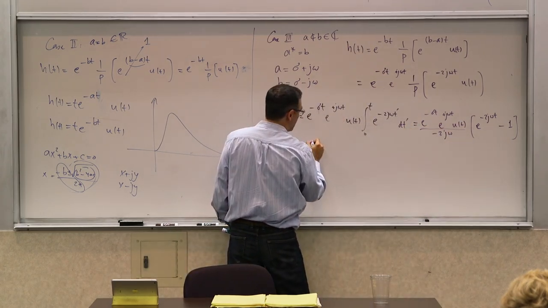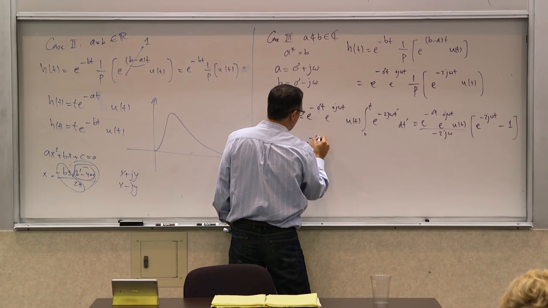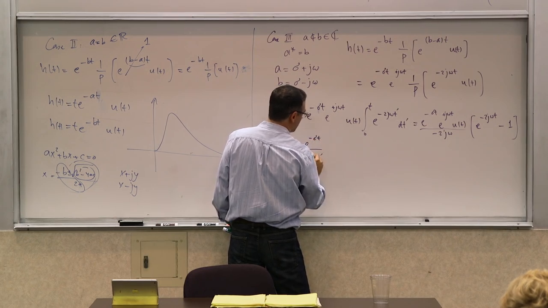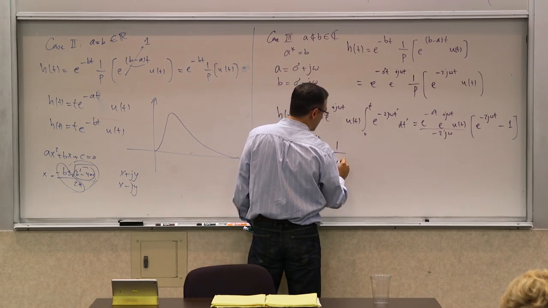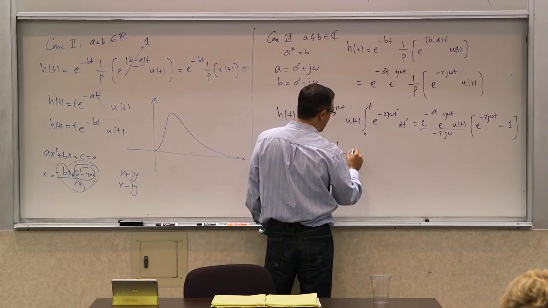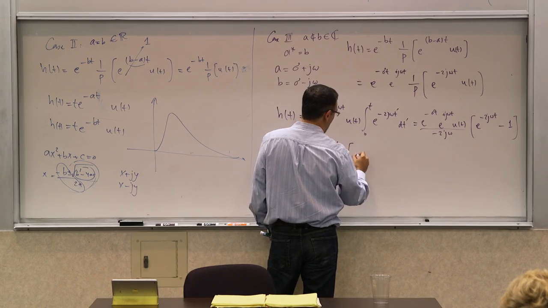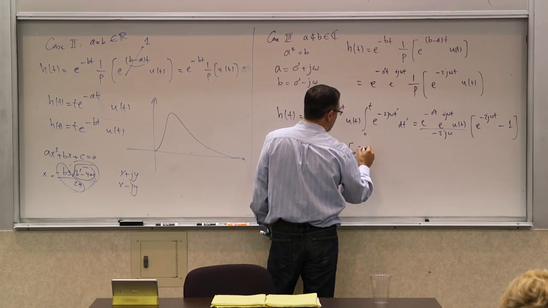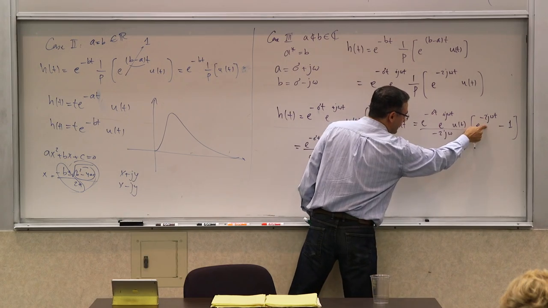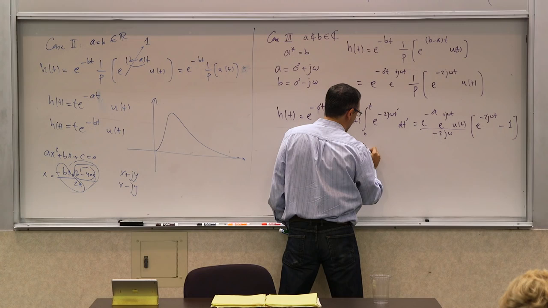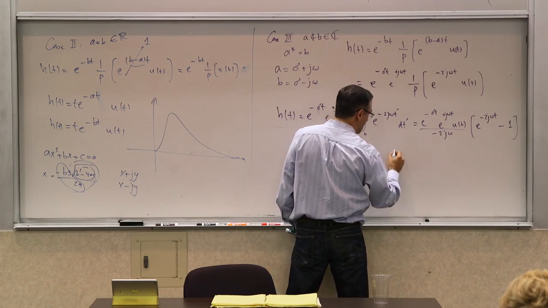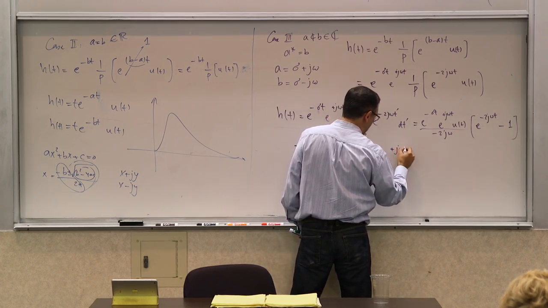So I get e to the negative sigma t over omega, and I can leave the rest of the stuff here, the j omega t, negative j omega t. Now this times that gets rid of the 2, so I get e to the negative j omega t, and the other one gives me e to the positive j omega t.